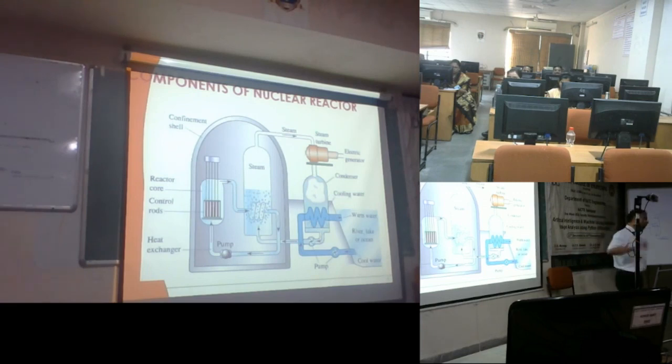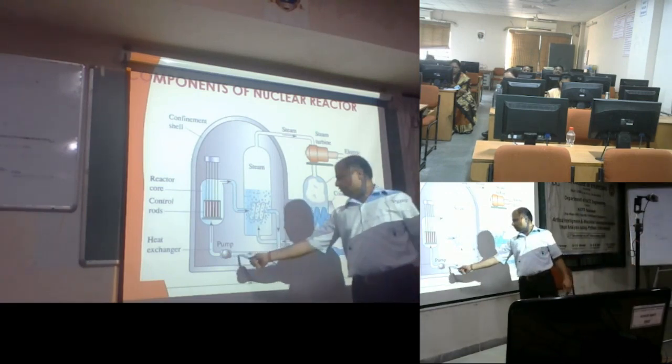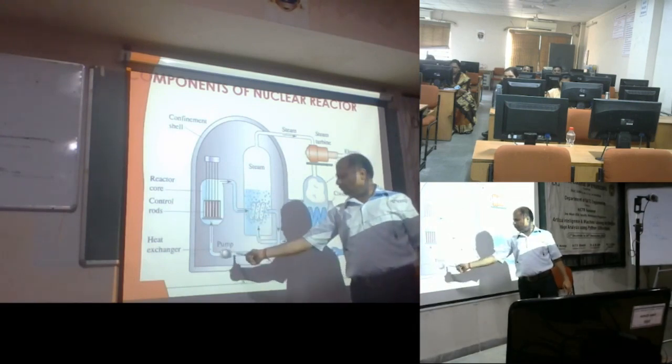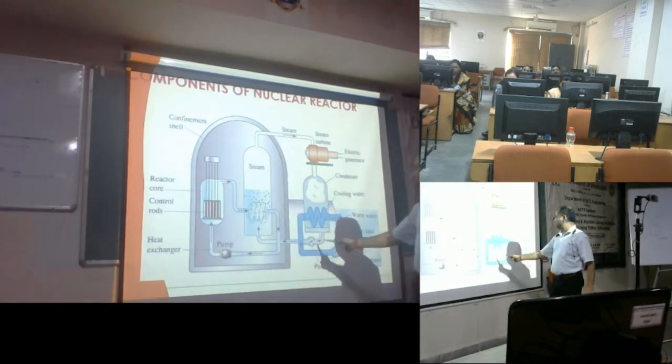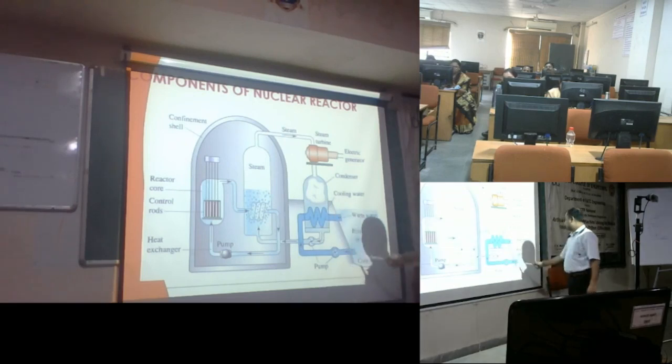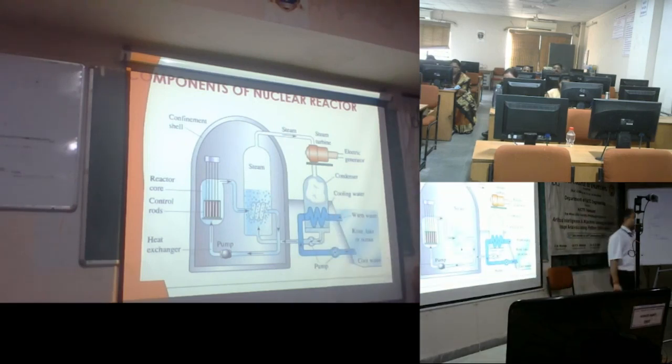There are thousands of pumps, but here I have shown typically 2-3 pumps pumping the water from here to here, then from here to here. So there are several mechanical pumps and several mechanical valves, to open or close depending on our process requirement.